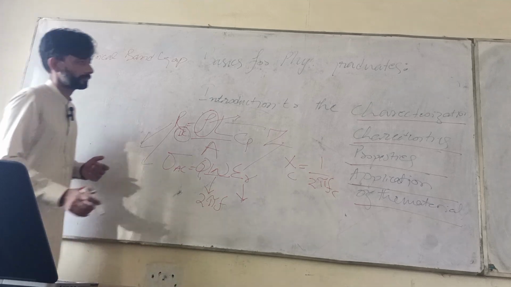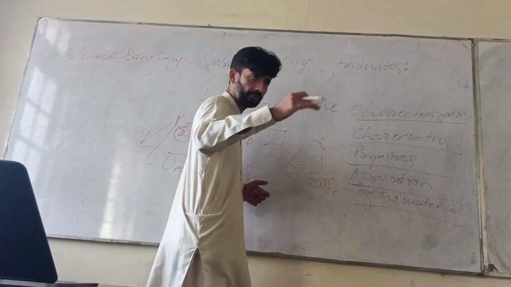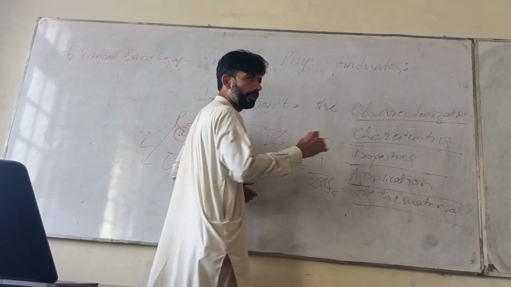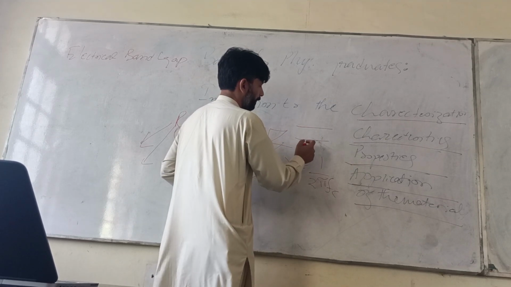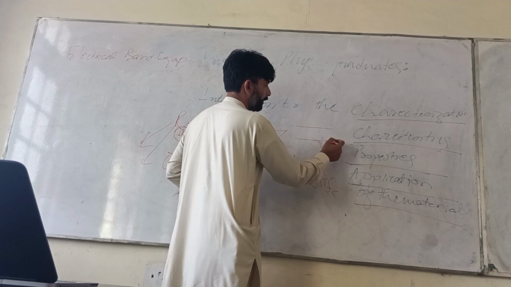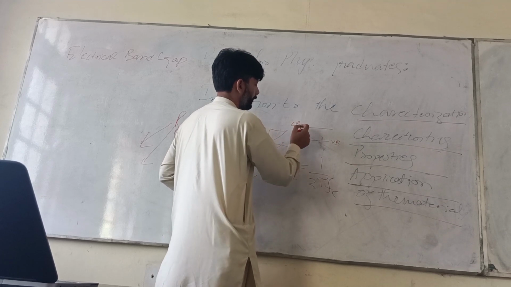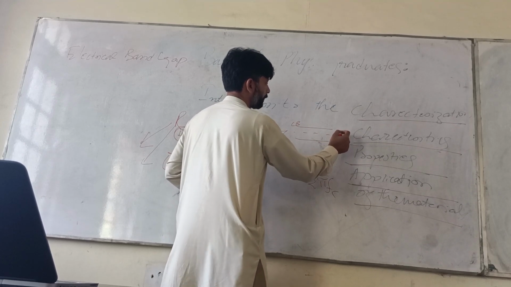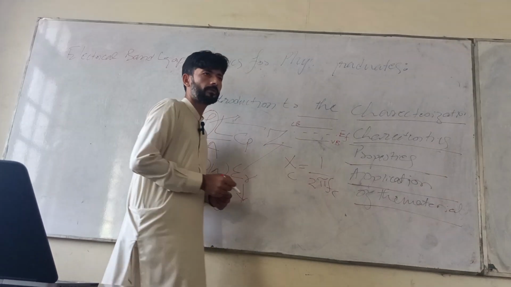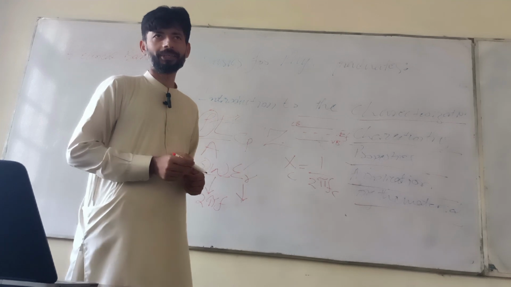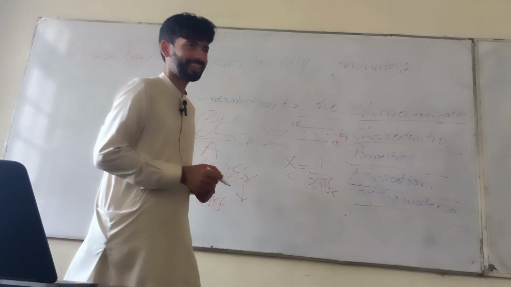We have different bands of energy levels in a material. For example, this is your valence band, conduction band, in between them the Fermi level, and above it, the vacuum level.